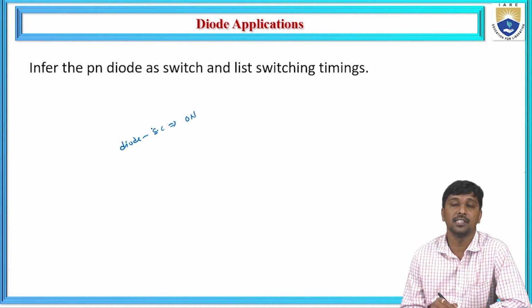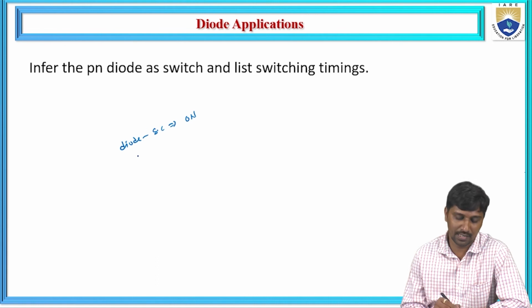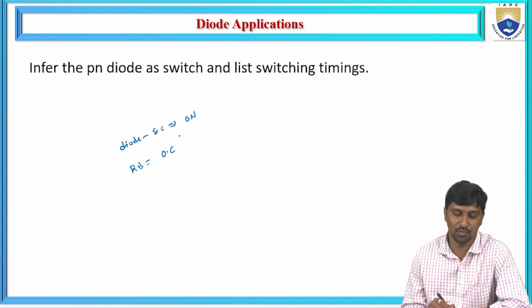When a reverse voltage is applied across the PN diode, the diode is in reverse bias. Under this reverse bias, there is no conduction across the diode. Hence, the state is represented as open circuit. That means the diode is replaced with an open circuit. The state is represented as off state.